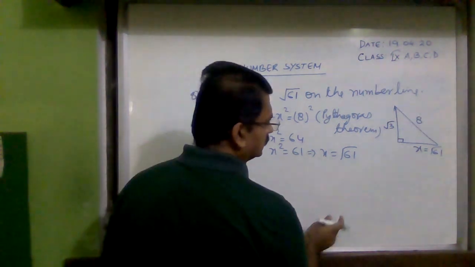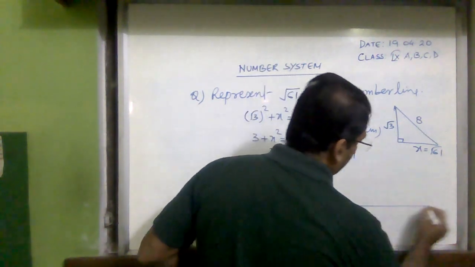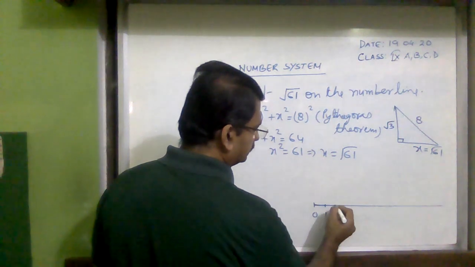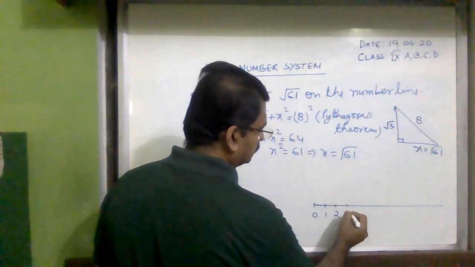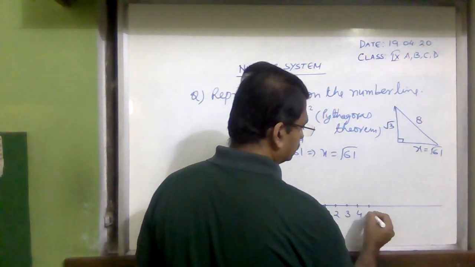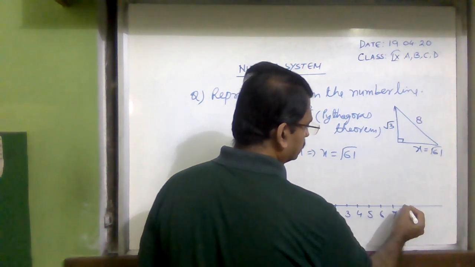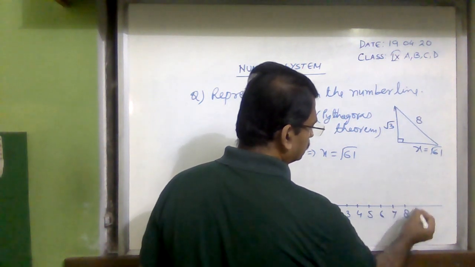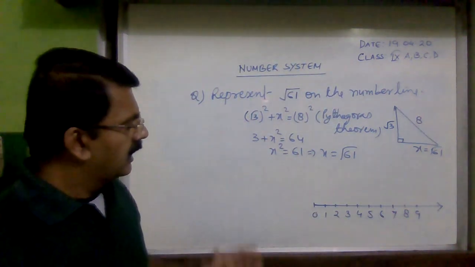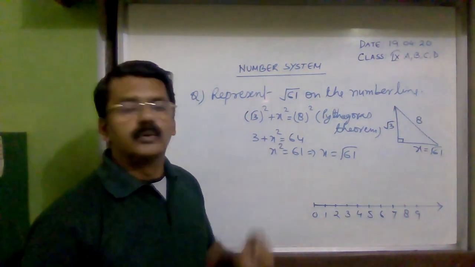First of all, you draw a number line like this. Okay, now first of all we have to find the value of root 3.